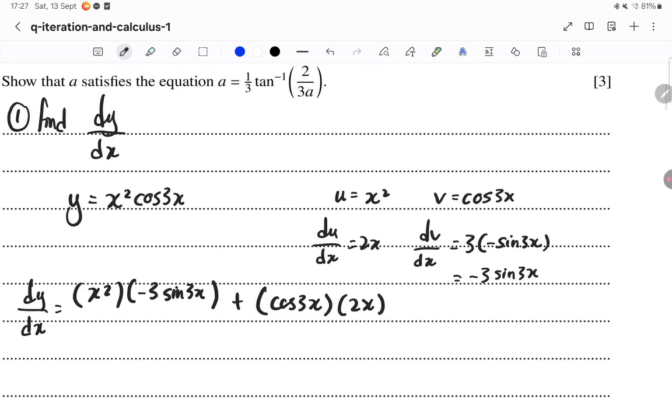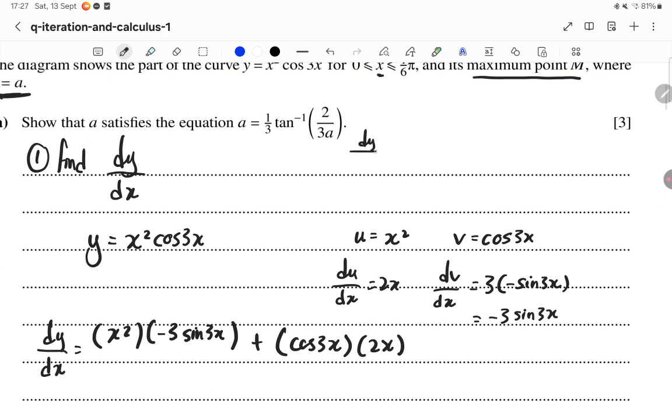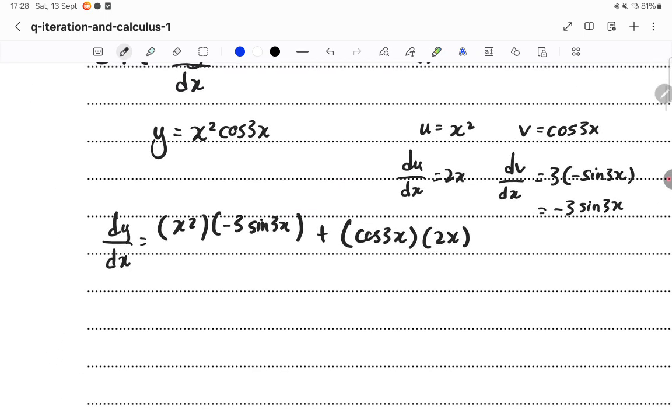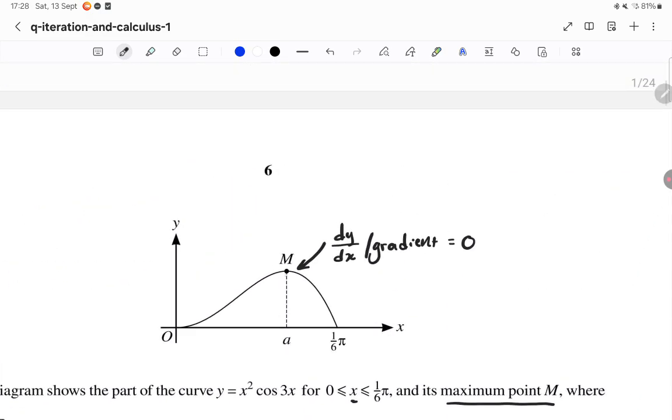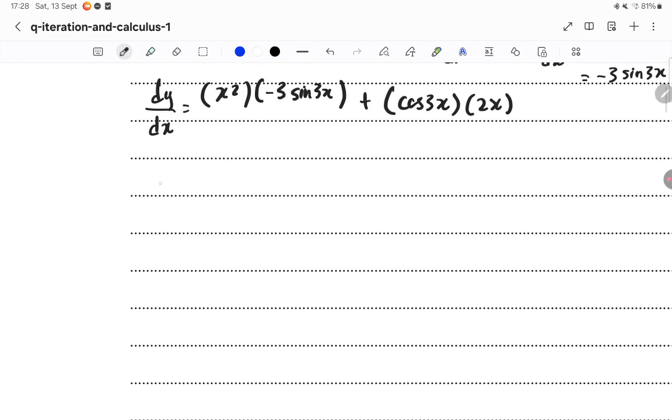And I'm just going to write here for reference, so you guys know the formula, which is u dv/dx plus v du/dx. So just apply this formula over here, and you should be able to get it. And for a fact, we know our second piece of information is that at M, dy/dx is equal to 0. So we can just equate this to 0.